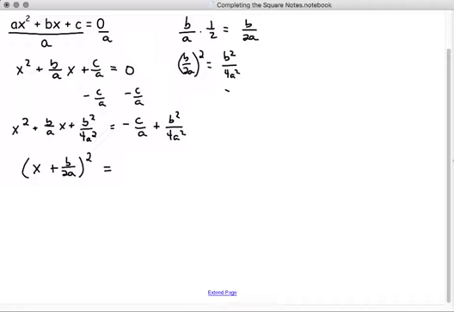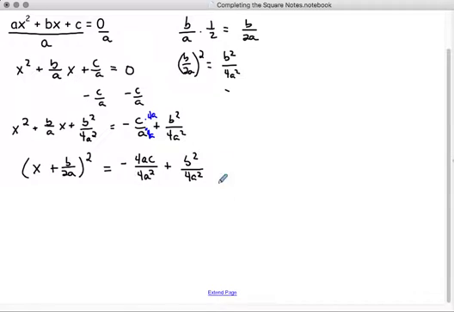I'm going to do a little bit of work to get a common denominator so I can combine these terms. Here I have a denominator of 4a squared, so I want a denominator of 4a squared on this term too. I'm going to multiply this by another 4a, top and bottom. That gives me negative 4ac over 4a squared plus b squared over 4a squared.